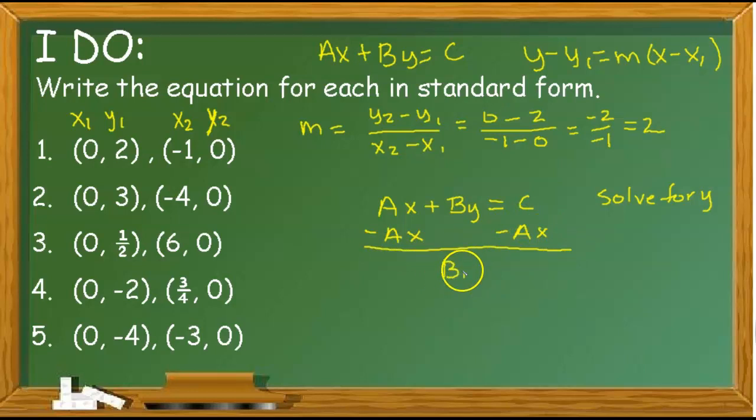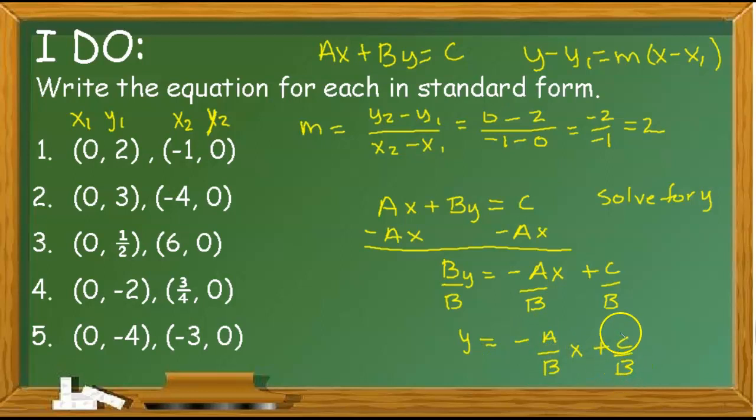We would get by equals a negative, and I'm going to put it with the x first. And then I divide by b. So y in this case is a negative a over b, x plus c over b.